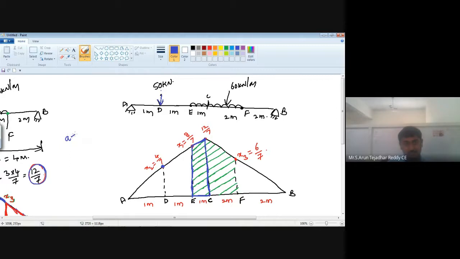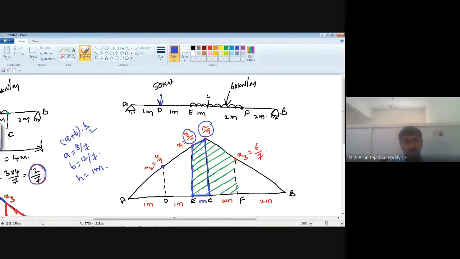That is A plus B h by 2. So in this blue color, what is A, what is B? Very easy. 8 by 7, that is A is equal to 8 by 7. B is equal to 12 by 7. And H, we are considering this portion. So our H is here 1 meter.